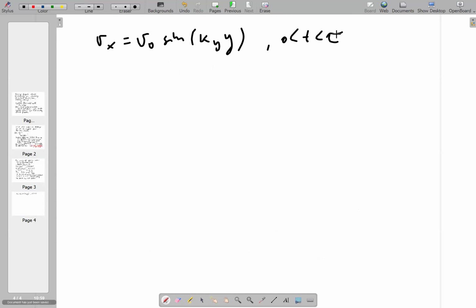Now, let us consider how we make it dimensionless. In order to make it dimensionless, first we need to have a dimensionless coordinate. So instead of y, we go to, let us say, eta, which is ky y. We rescale y. Now eta is a coordinate instead of y, but it is dimensionless. Y was in meters, but eta is unitless.